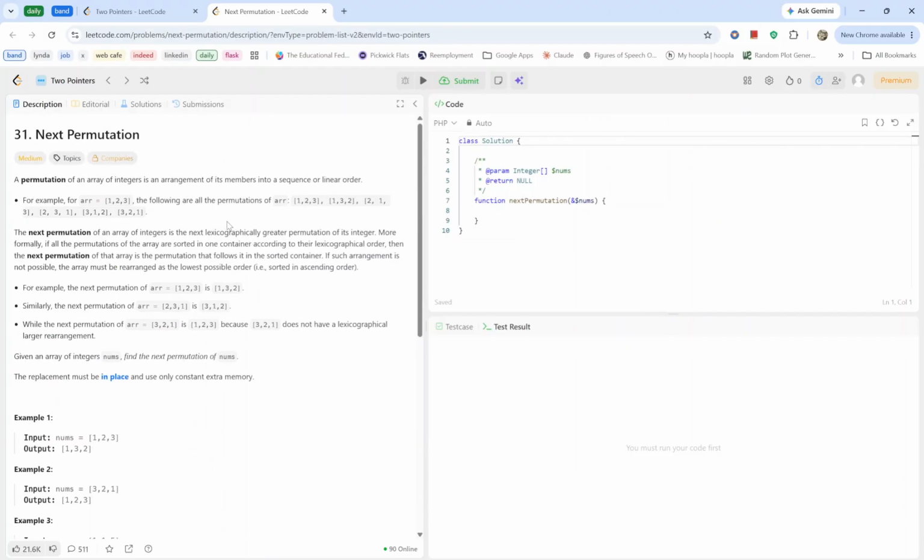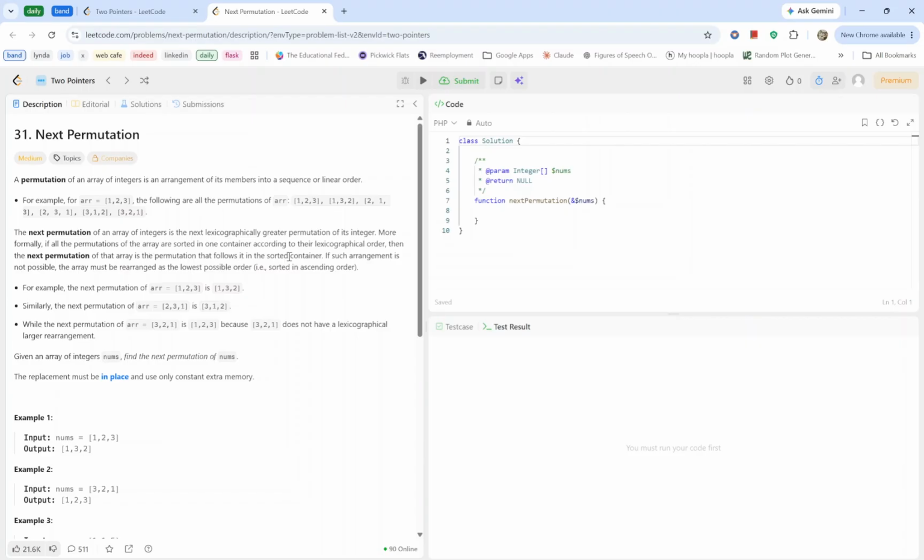This lexicographically thing is really tripping me up here. The next permutation of array is the next lexicographically greater permutation of its integer. More formally, if all permutations of the array are sorted in one container according to their lexicographical order, then the next permutation is the permutation that follows it in the sorted order.